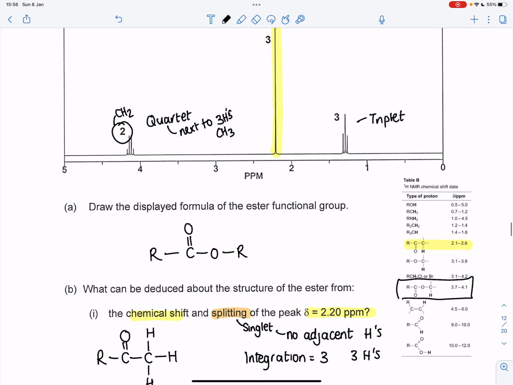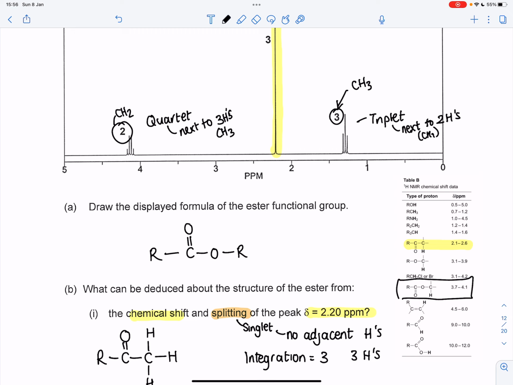And we can also double check our other peak, our triplet of integration 3. So probably 3 hydrogens of this type, CH3, triplet. So if we end up with a peak of 3, n plus 1 is 3, then the n is a 2. So next to 2 H's, so next to a CH2.